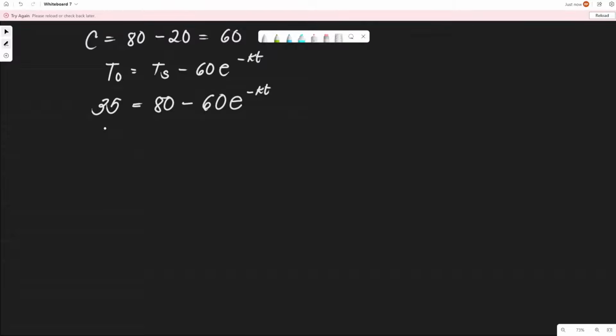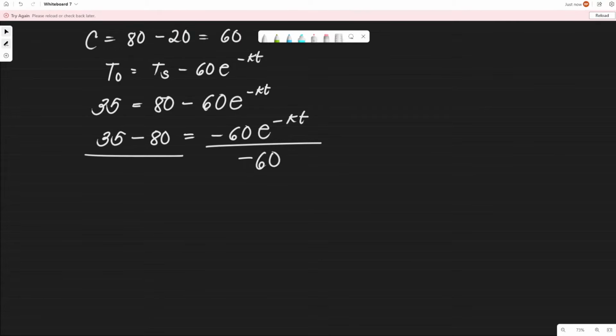So we have 35 minus 80, which is equivalent to negative 60 e raised to negative k. Then dividing both sides by negative 60, e raised to negative k is equivalent to 35 minus 80 divided by negative 60. The answer is 3/4 or 0.75.